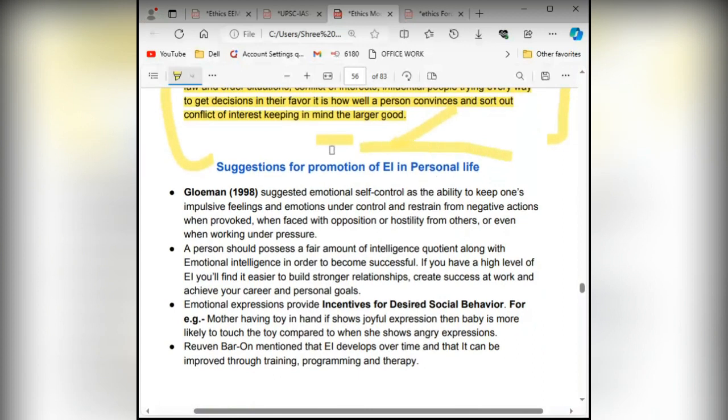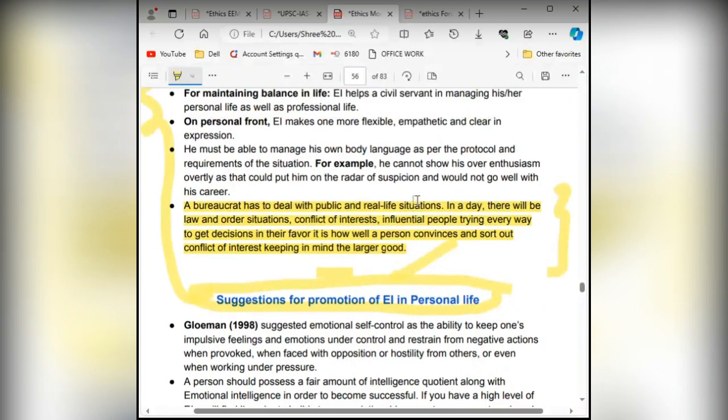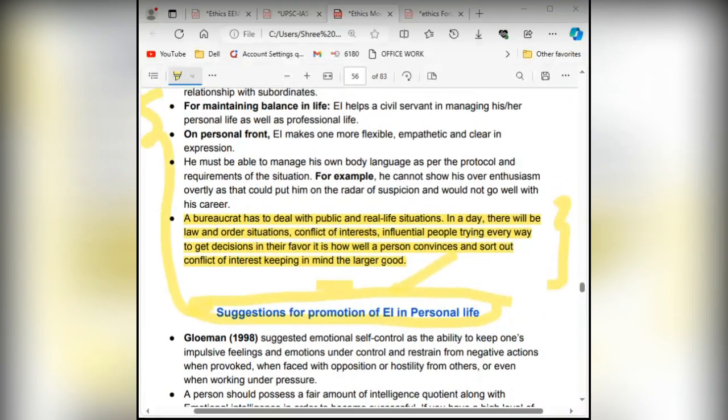Now, how can you improve your emotional intelligence? Some of you, please tell me the ways you can improve your own emotional intelligence.